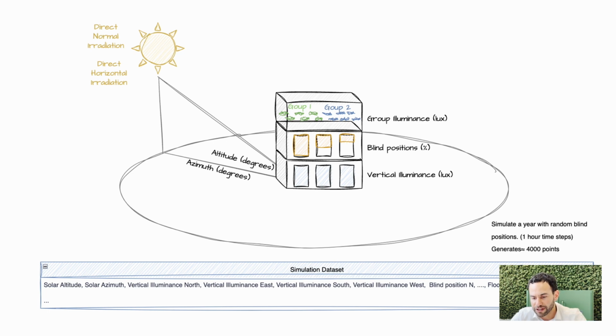We take the vertical illuminance at each time step, in all the windows, which are called apertures in the simulation environment. And the blind positions: for every time step, we have a random blind position generator, so we can simulate many combinations of blind positions throughout the year.